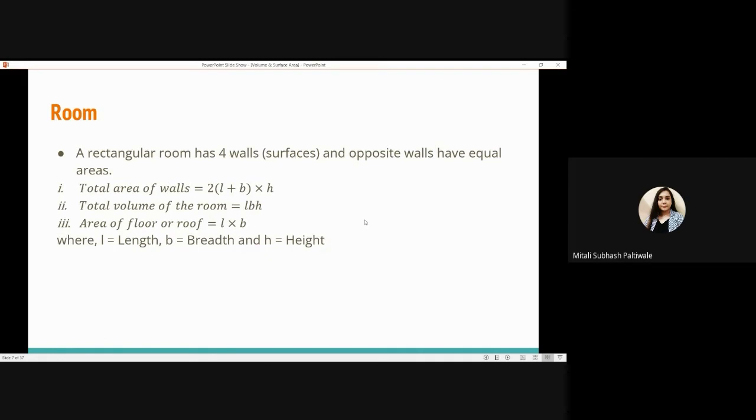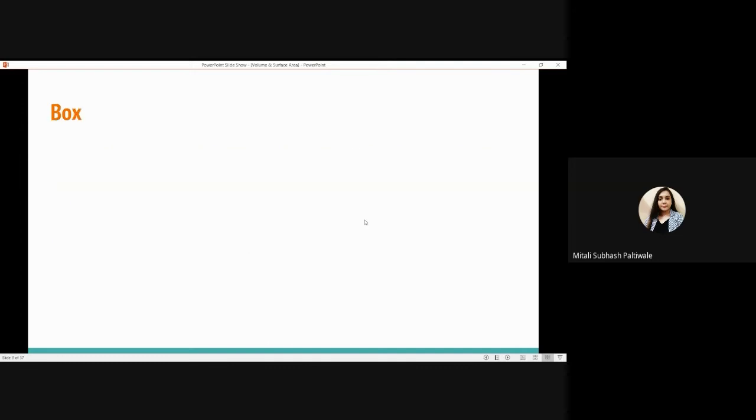Now another shape which comes in the form of a cuboid is a box, or just a carton, you can say. A carton looks like a box. Many a time when we get a parcel from Amazon or Flipkart which has some huge weight, they pack it in a carton.